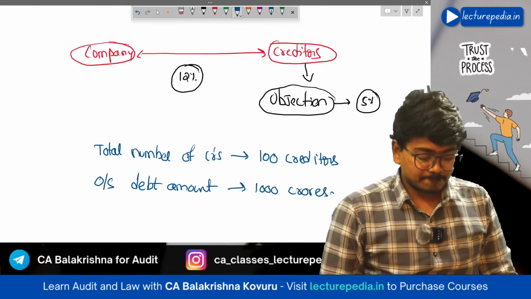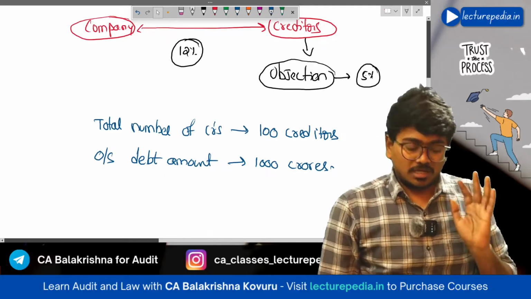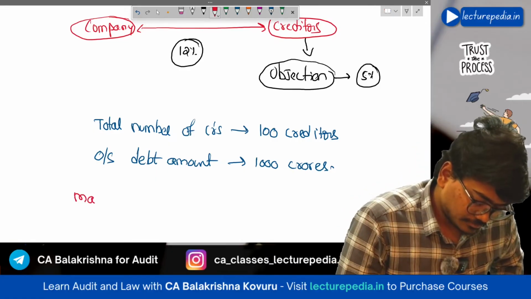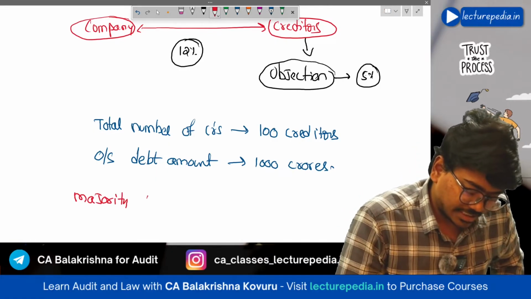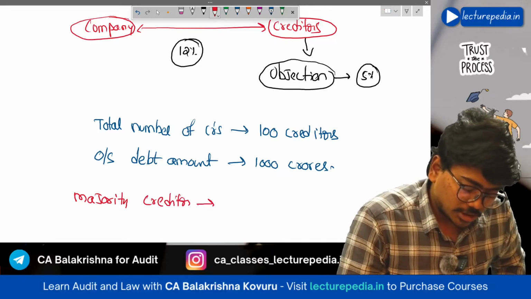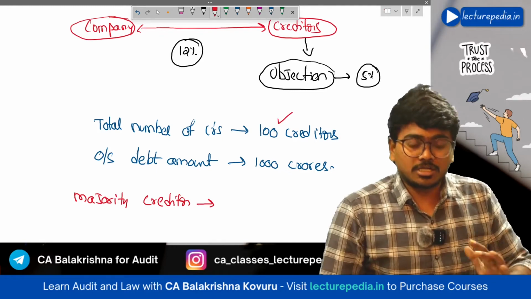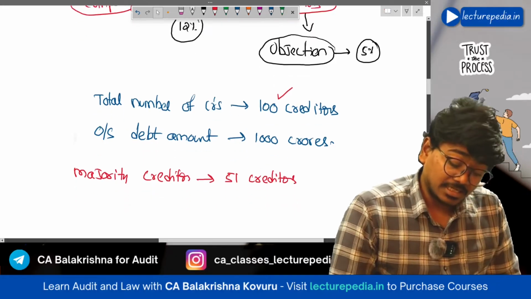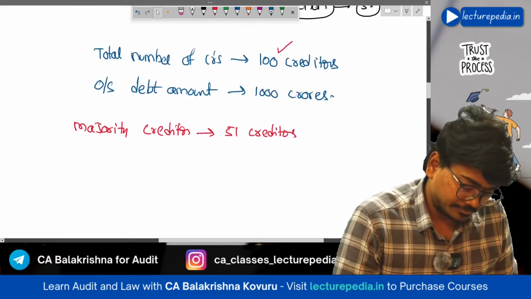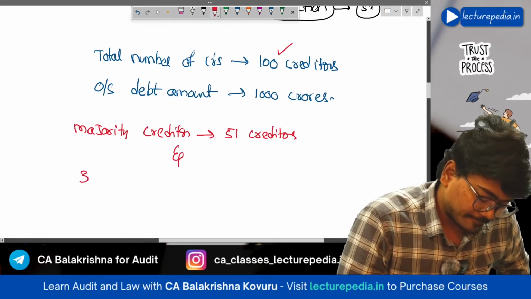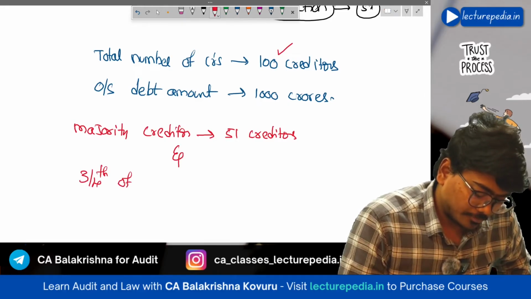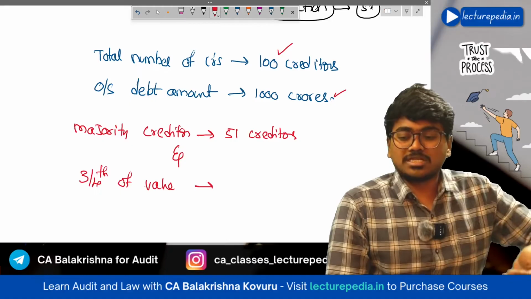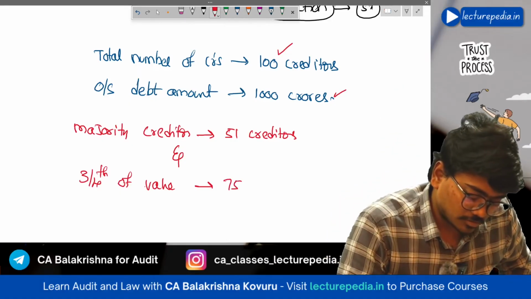Now in this situation, to give approval for this compromise or arrangement, a majority of creditors is needed. Majority means, of 100 creditors, 51 creditors. 51 creditors should approve, and here it is not 'or', it is 'and', 3/4 of value. Now in terms of value, 1000 crores. Of 1000 crores, 3/4 means 750 crores, more than 750 crores.